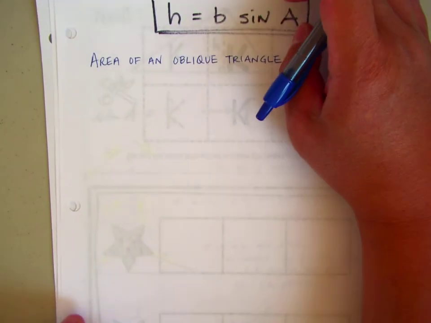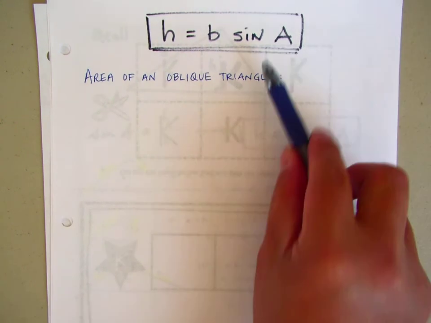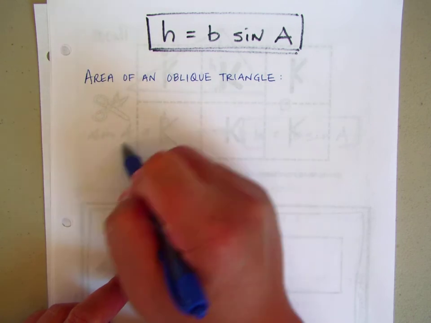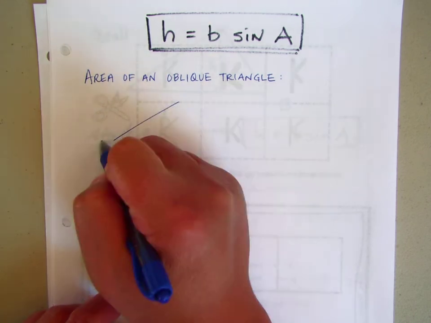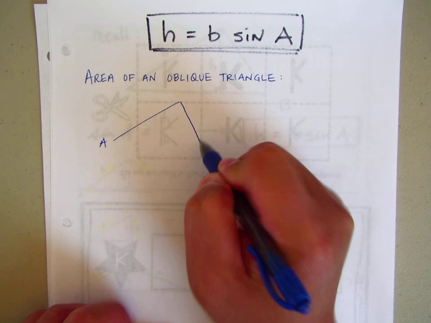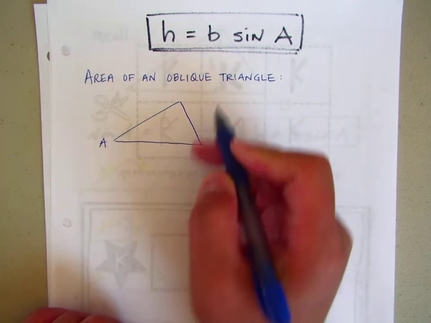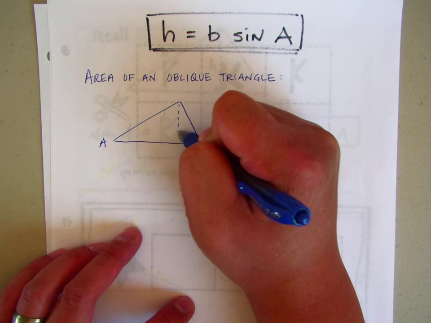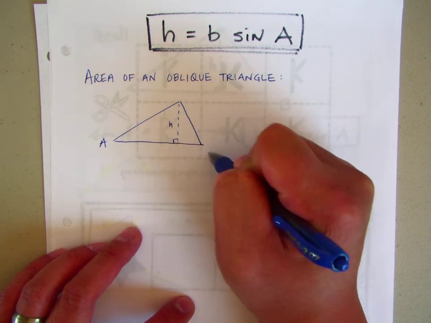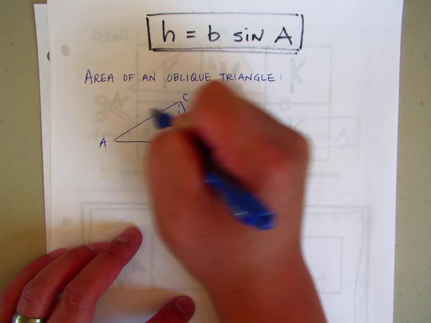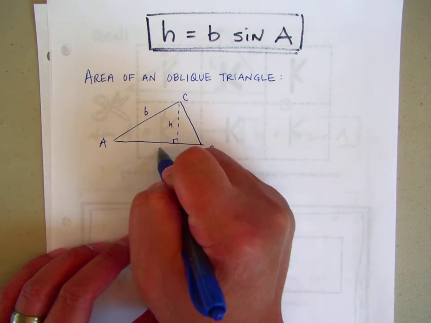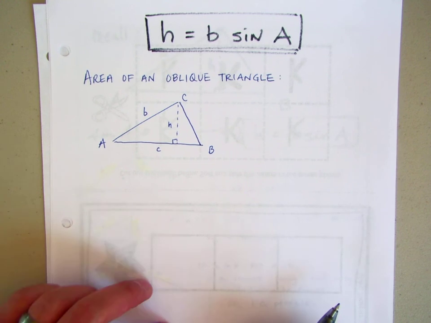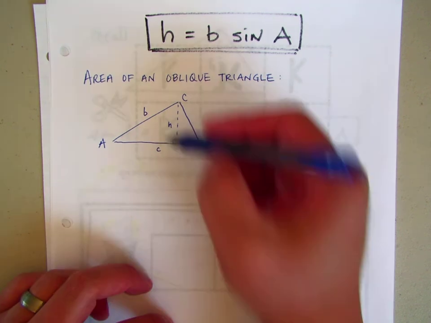So if you remember this relationship here, let's go ahead and draw this triangle. Now again, we're using this consistent triangle here. We have H, we call this one B, and side C. Now again, we don't have a right triangle, so we technically don't have a height, but of course we can always drop an altitude to imagine one.